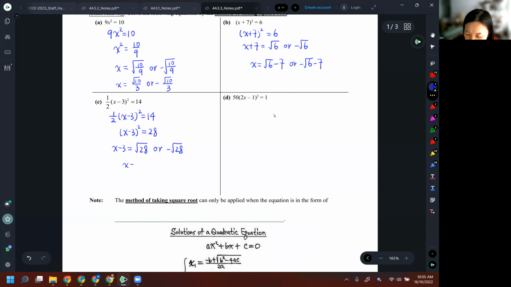And then you can find 2 values for x. You may further simplify it, but it's not a must. I think in compulsory part, we can accept this answer.